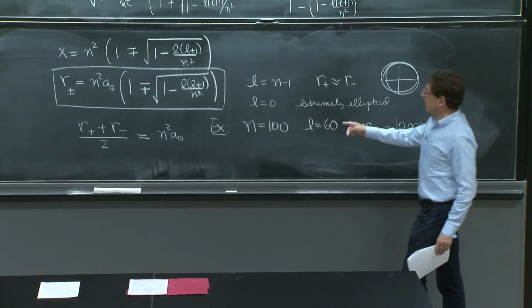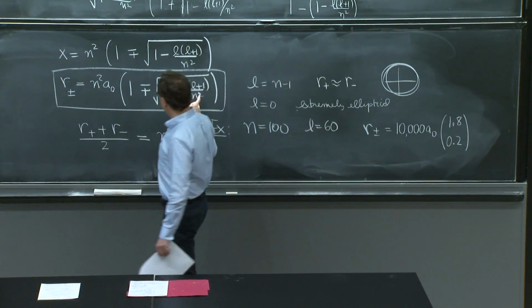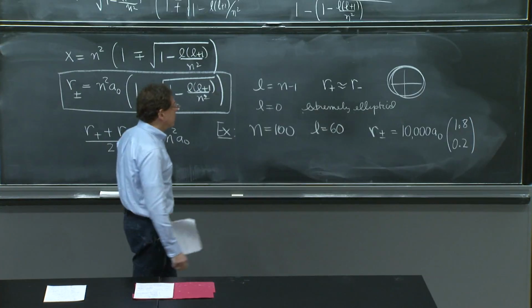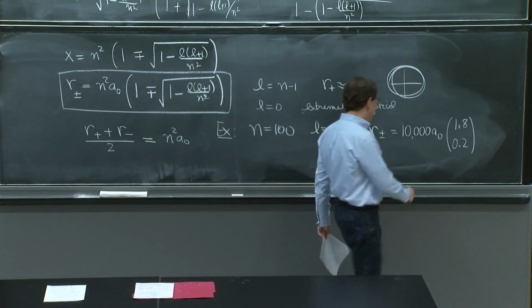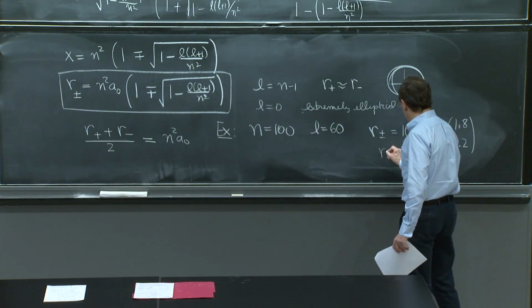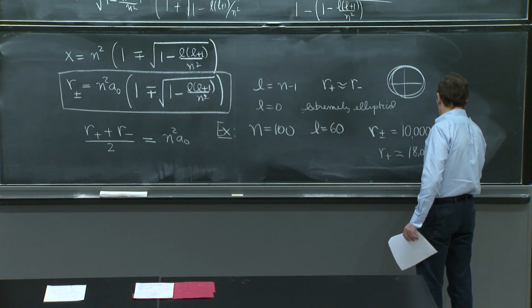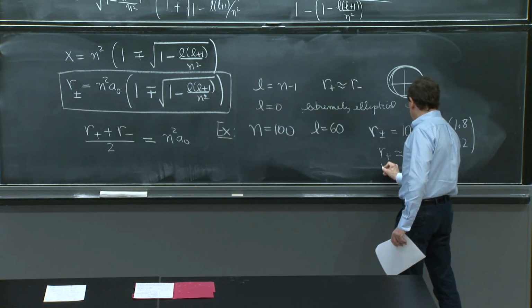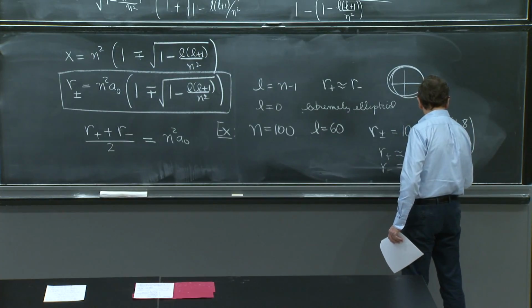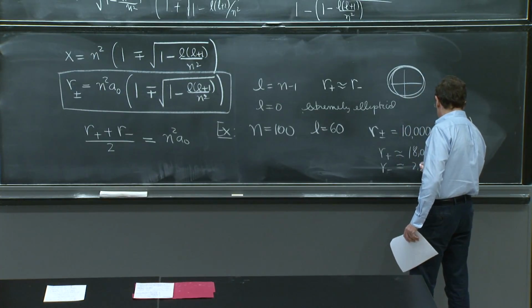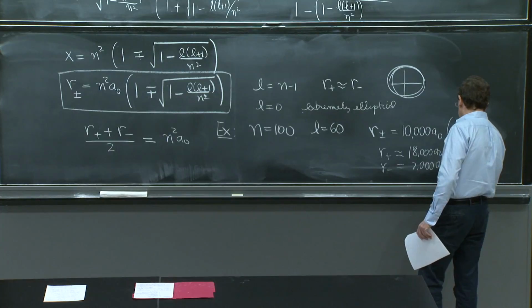That's what you get for L equals 60 and n equal 100. So for this orbit, you have R plus about 18,000 a0 and R minus about 2,000 a0.